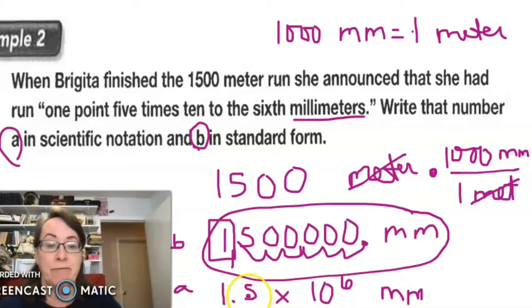So 1.5, but since we moved it 6 times to the left, we really divided by 10 to the 6th. So in order to compensate for that, we must multiply by 10 to the 6th to get it in its proper scientific notation. So that is example 2.